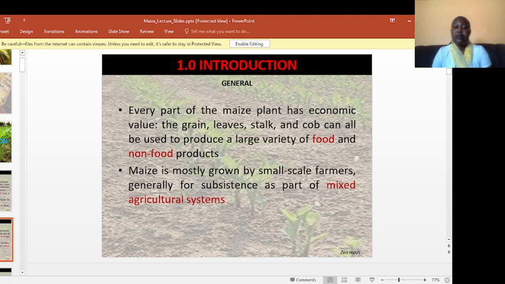We say every part of the maize plant has economic value. The grain, leaves, stalk, cob, and hull can be used to produce a large variety of food and non-food products. Maize is mostly grown by small-scale farmers, generally for subsistence as part of mixed agricultural systems.